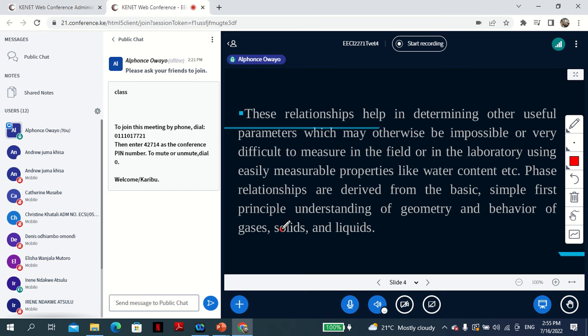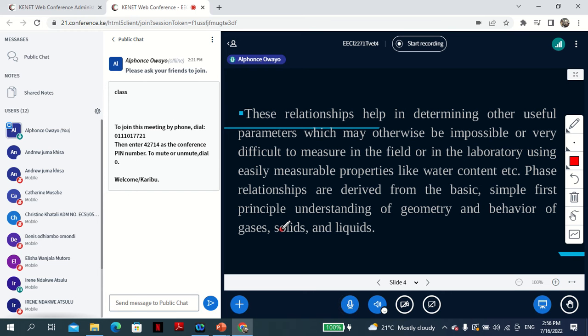So we use easily measurable properties like water content and the void ratio. Something like porosity may not be easy to measure, but because we are able to measure these, we can express other parameters that might be very difficult to measure, like porosity, in terms of what we know, for example, water content or void ratio, and so on.